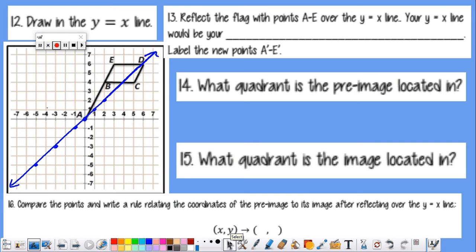Now, yesterday we talked about reflecting over certain lines. If we reflect over a certain line, what does that make the line y equals x? It makes it a diagonal. Yes, it is a diagonal line. And if we reflect across that line, what does it make that line?